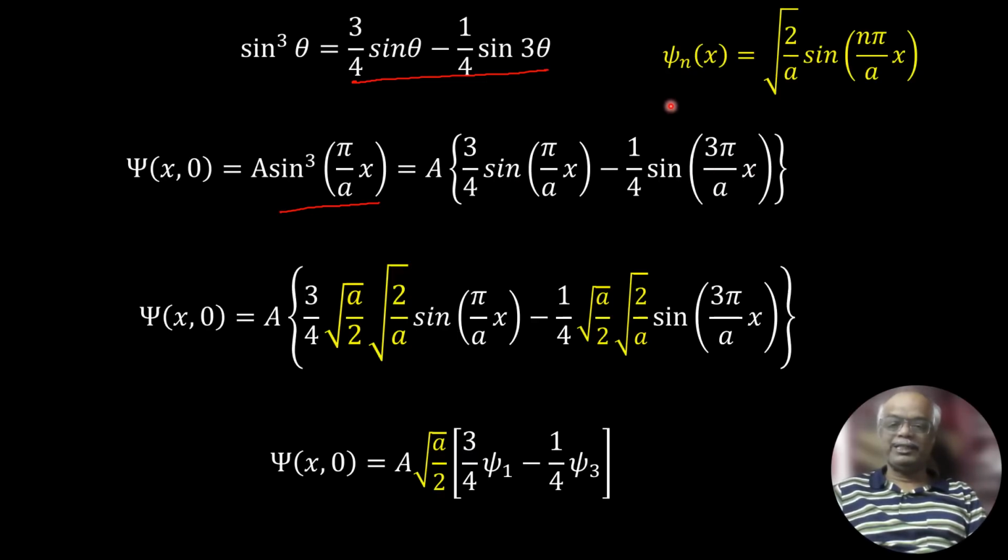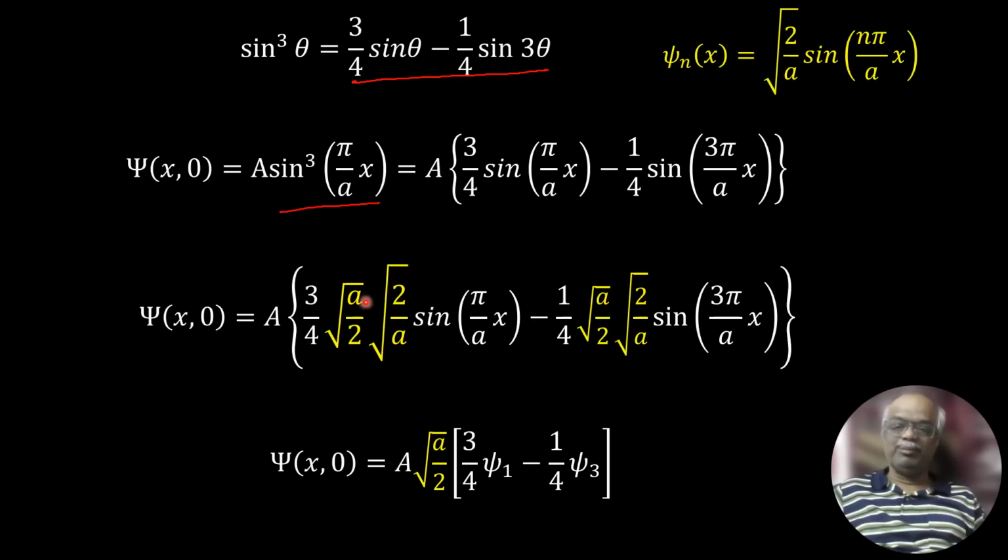And remember that for the infinite square well potential, the wave function of the nth state is equal to square root of 2/a sin(nπx/a). So use this relation. We need this in front of this sin θ, because the given wave function is this.